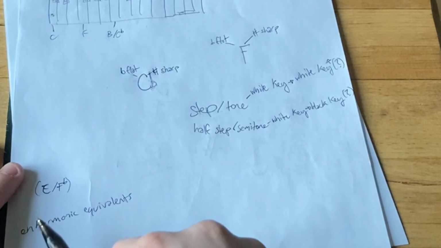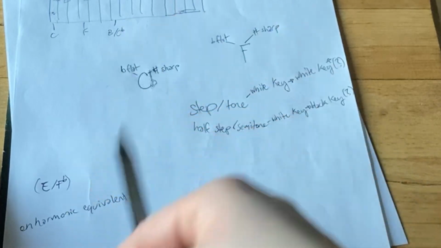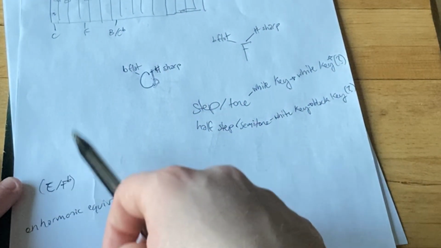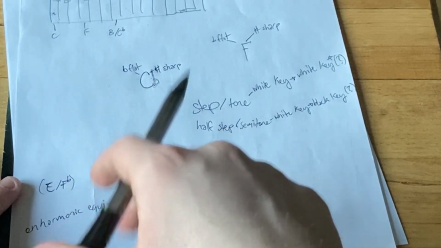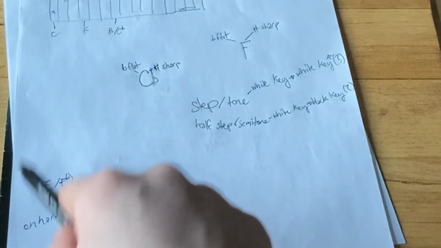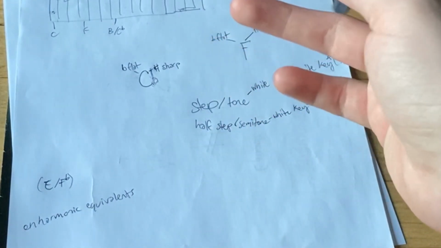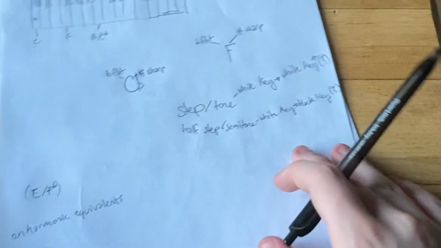Now that is a big term that sounds very confusing, but basically it's just a big word for these two notes sound the same, although they are used in different contexts. So there's a use for F flat and there's a use for E. Let's figure out what that means, where you'd use that.